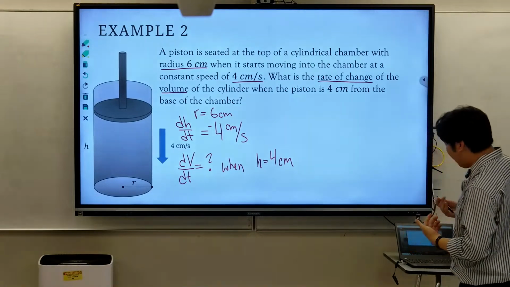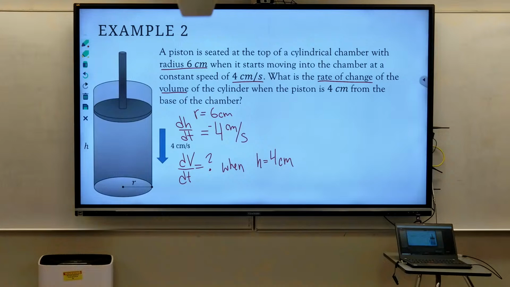Another step of that 5-step plan I had was an equation that relates all of these variables: radius, height, and volume of a cylinder. Does anyone happen to know from geometry an equation that relates the volume of a cylinder, the height, and the radius?